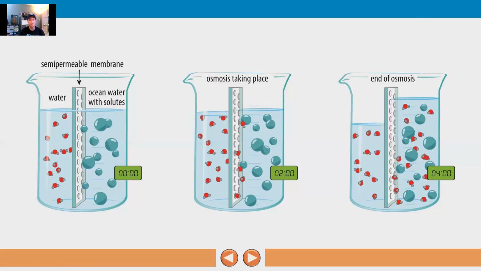Now, I want you to apply this to what we talked about back in the first quarter. I remember showing you pictures involving diffusion. I did red blood cells in salty water, red blood cells in pure water, and red blood cells in balanced water, like you get at the hospital, so you don't stress your body tissue.